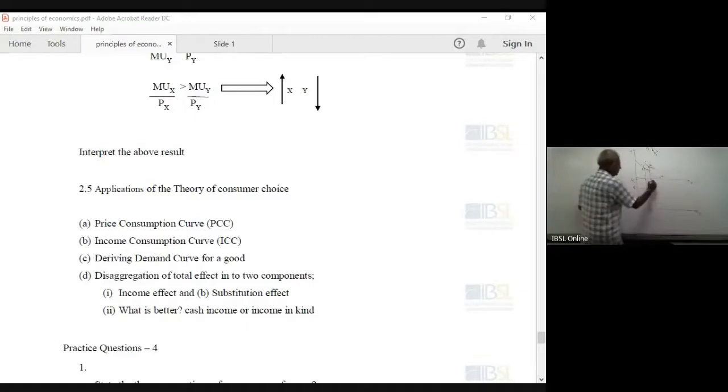X2, you come down. X1, X2. This point, point B, is along this budget line at price PX2.